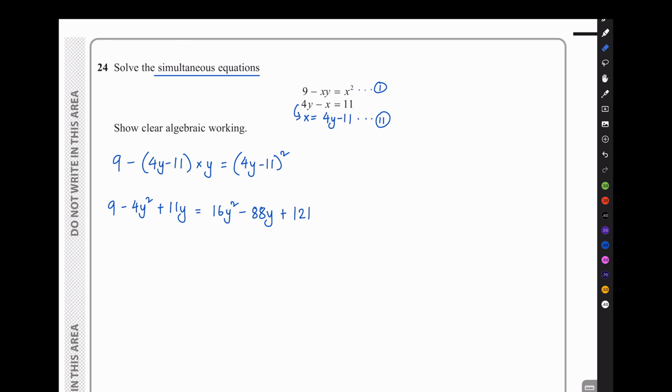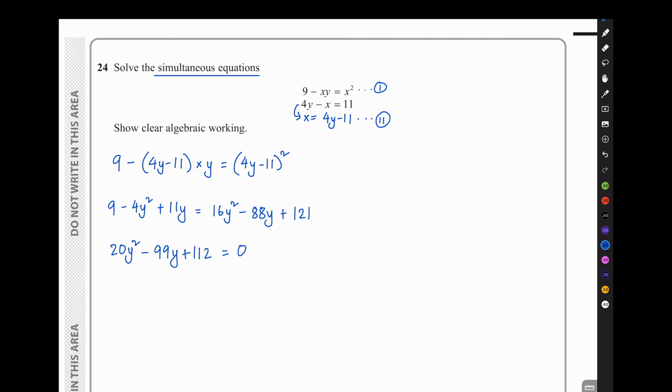So now it becomes 20y squared and then negative 99y plus 112.